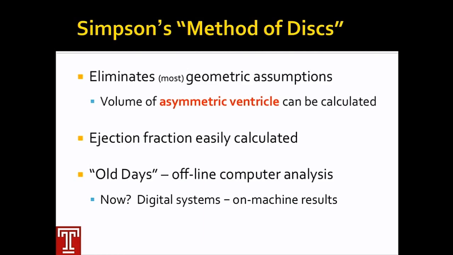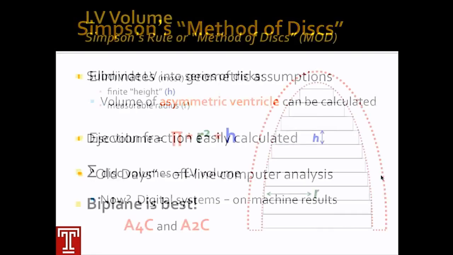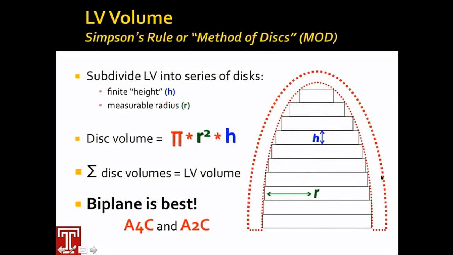The ejection fraction is easily calculated from this. In the old days, this was torture to do because you had to digitize taped images and make these measurements. Now, of course, our technologists are making Simpson's method of discs measurements on a daily basis, on your inpatients and your outpatients.